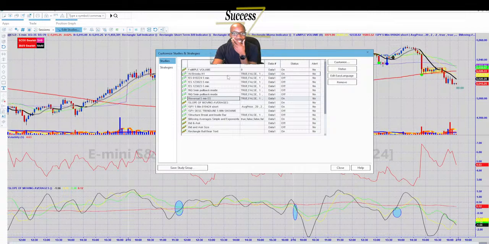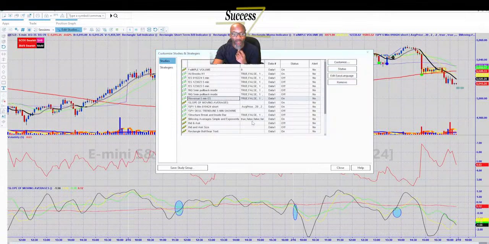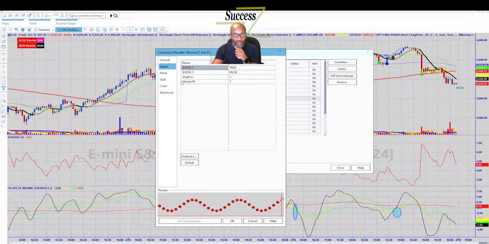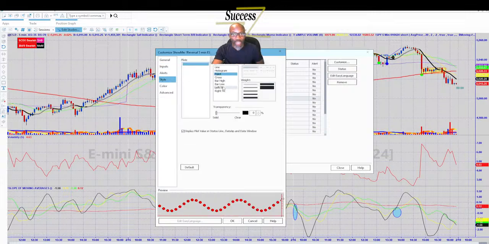Okay, so customize. And so you go to style. And then, yeah, it doesn't even have an arrow. It's got the line, histogram, point, cross, bar, high, low, left, right tick.